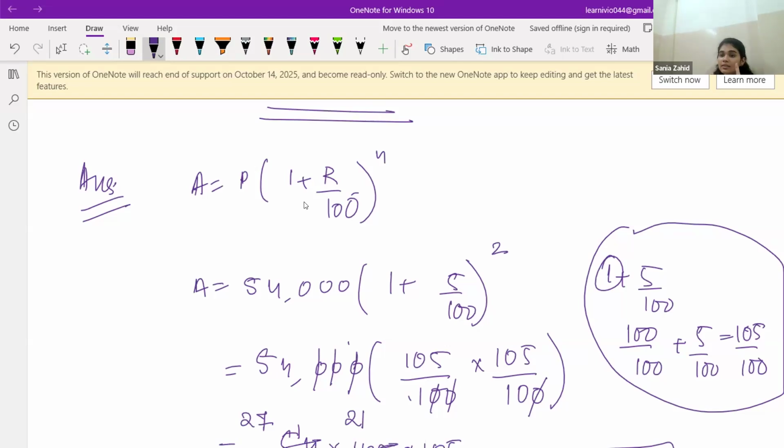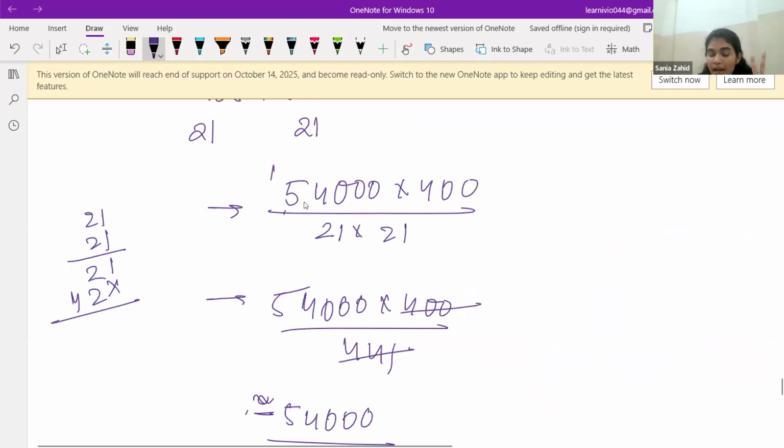It's increasing 5% every year, so it is being compounded. The total number of years is 2 and it is being compounded every year. That is why we are not doing simple interest.